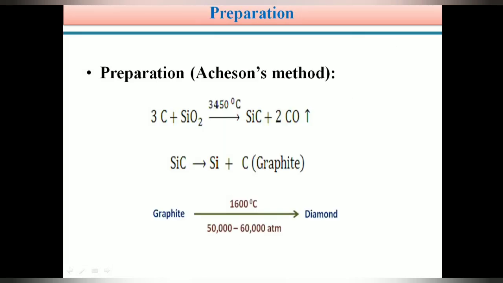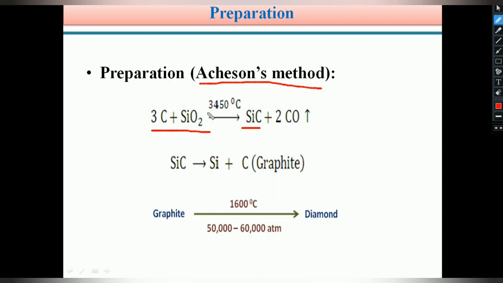Preparation of graphite. Students, we can prepare graphite by Acheson's method. In Acheson's method, carbon is heated with silicon dioxide, SiO2. It forms silicon carbide, and carbon monoxide gas comes out of the reaction.